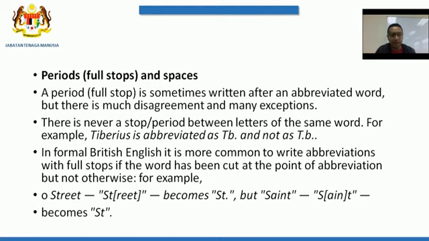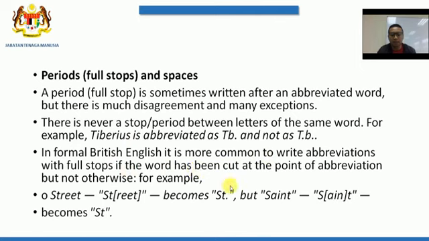For example, street abbreviated into St becomes St with a full stop, but saint abbreviated again becomes St without a full stop. As you can see there, street and saint. Street has a full stop, but saint doesn't have any full stop. As you can see here, cut at the point of abbreviation but not otherwise.